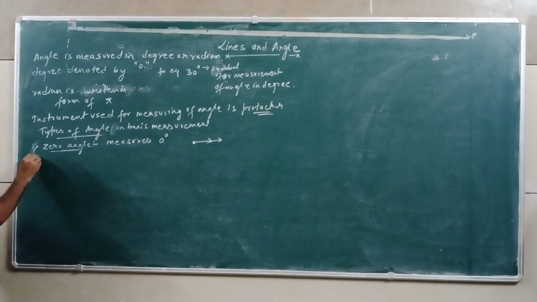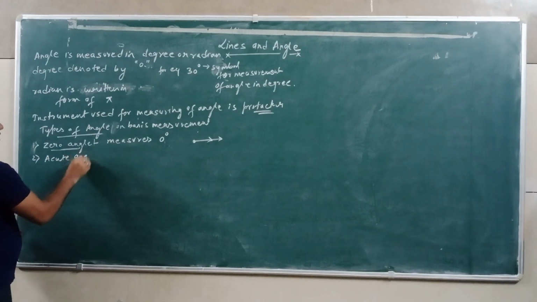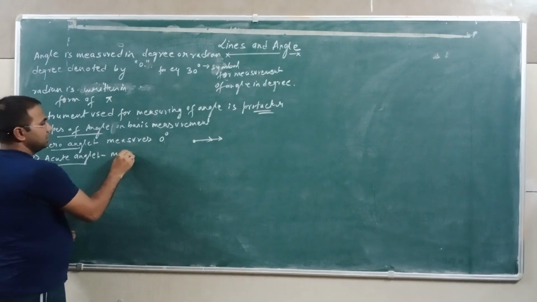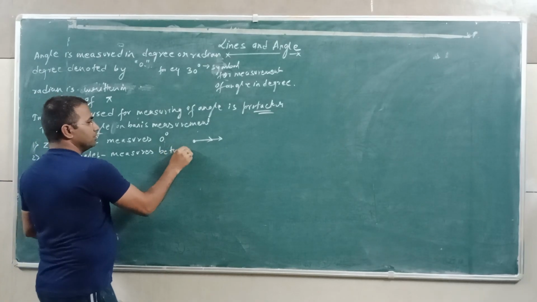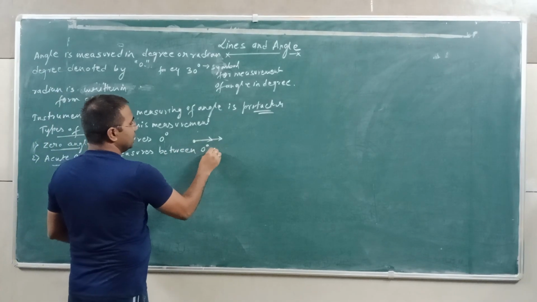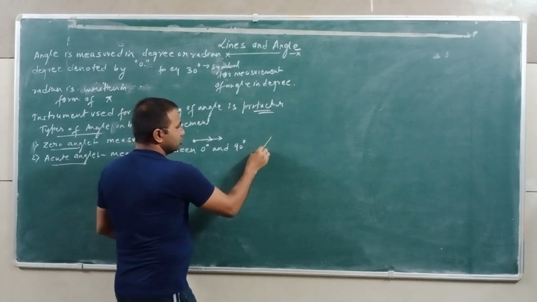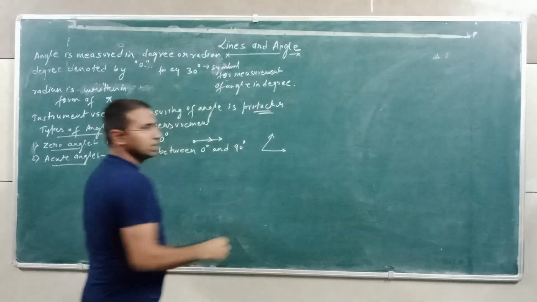Now second is acute angle. Acute angle measures between 0 degree and 90 degree, and it is denoted by a symbol like this. Okay, this is acute angle.